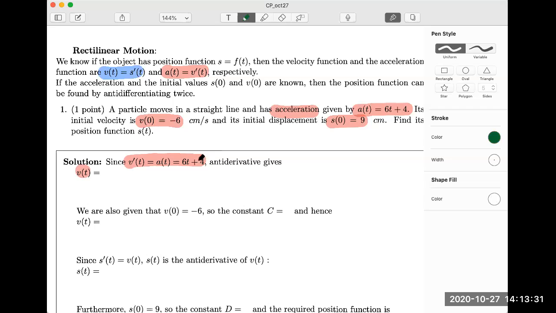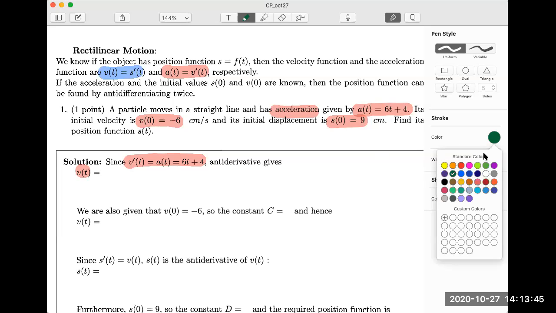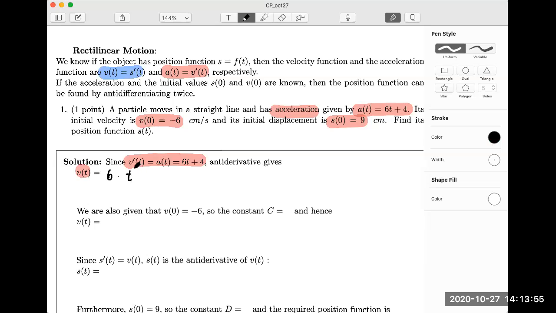It means we need to find the antiderivative of 6t plus 4. So, therefore, v of t would be, what is it here? Six times t squared, right? One degree higher than t here. But then remember to divide it by the power here, right?